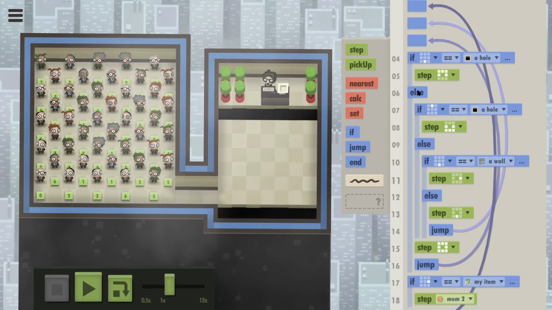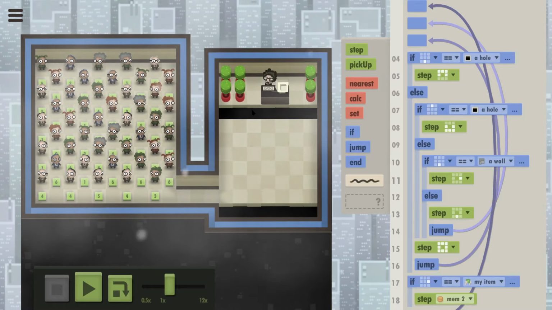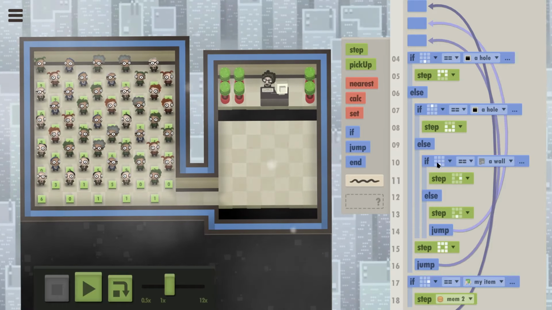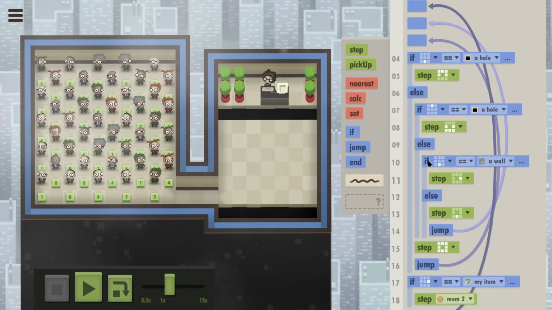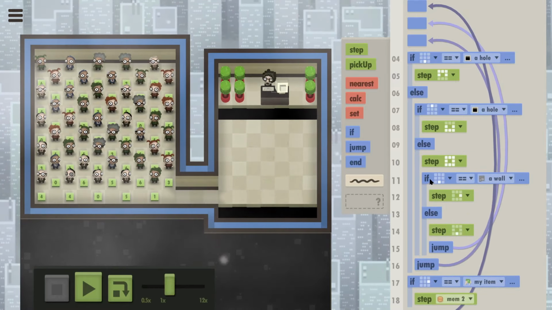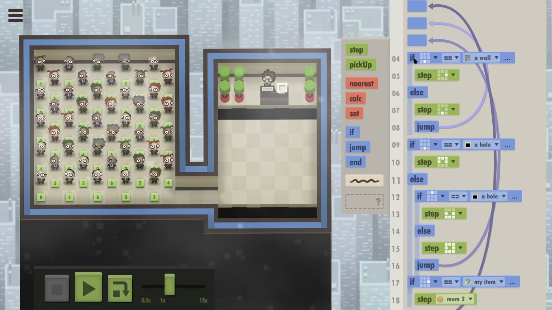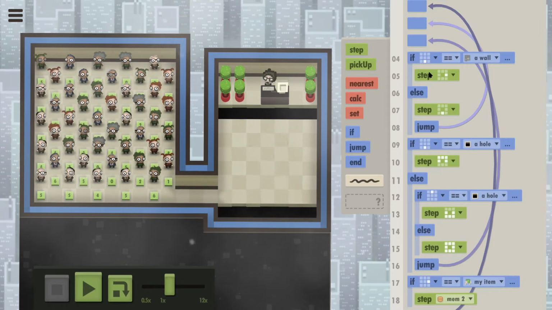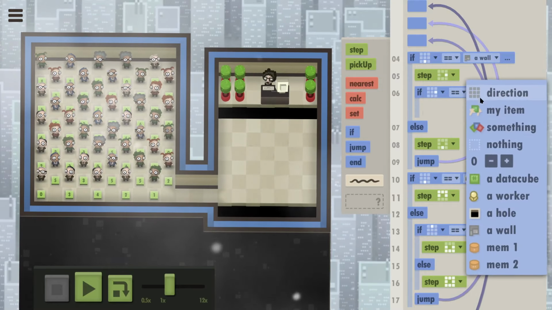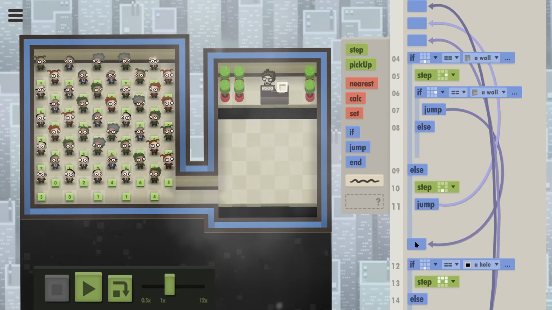Basically, this is what they need to do once they're in the room. If that's a hole, step up. If that's a hole, step down. Else... basically, it should be else that. Now, I think possibly what it needs to be is that we jump this to here and we say, if this equals a wall, then jump to here.